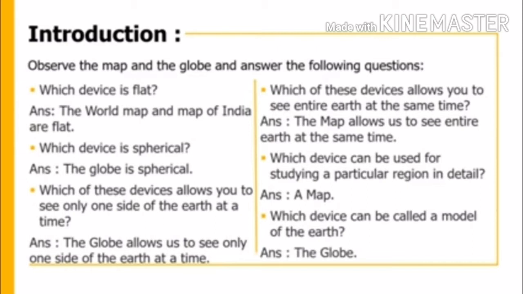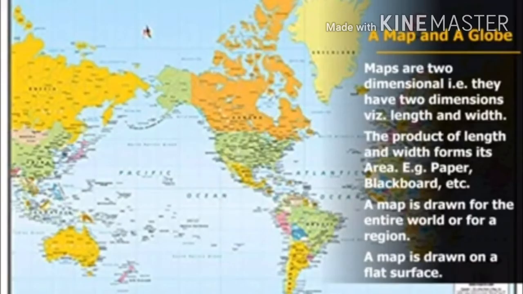It's globe. Which of these devices allows you to see the entire earth at the same time? That is map. Which device can be used for studying a particular region in detail? That is map. Which device can be called a model of the earth? That is globe. Here we finished.